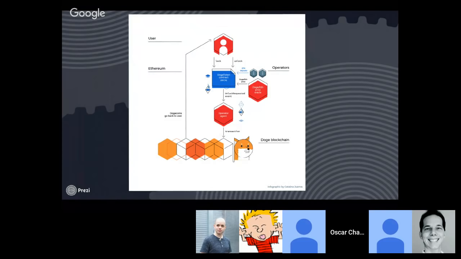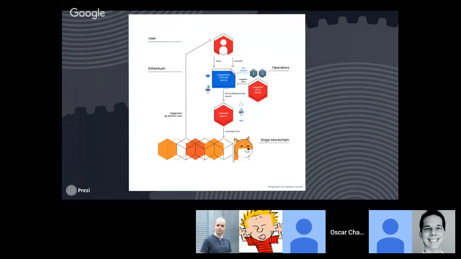The reason for not letting them use the Dogecoins is that if we did, at the same time there would be Dogecoins and Doge tokens in circulation, and that would increase the Dogecoin monetary base. So that's why we decided to go with the option of not letting operators move the Dogecoin while locked.